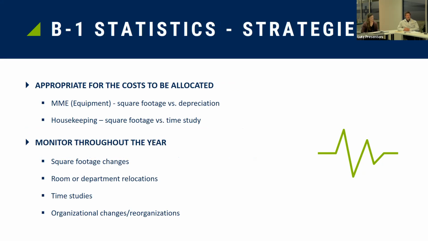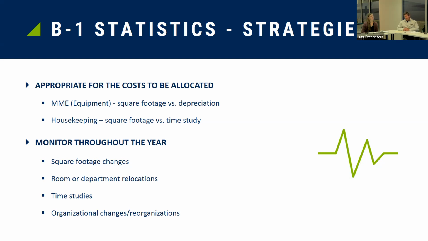But basically, other strategies for viewing statistics. Again, this can be one of those fun things on the cost report. If you're looking at allocation methods, there are different ways that you can do things. So how are you allocating your equipment depreciation? Are you allocating using square footage or the actual depreciation for that department? And that can be impactful one way or the other to you as an organization. Say, for example, your radiology.